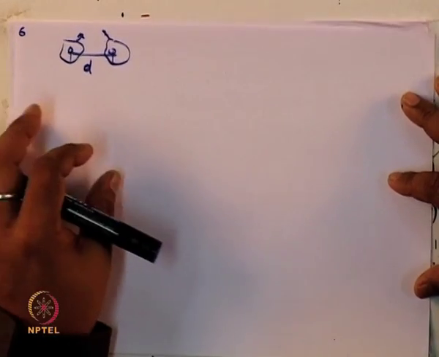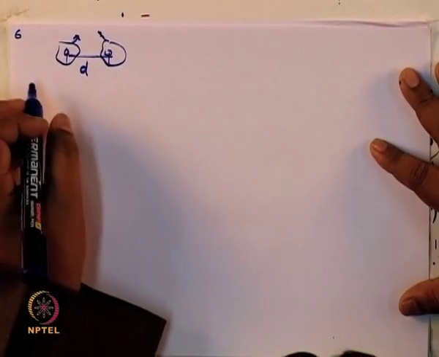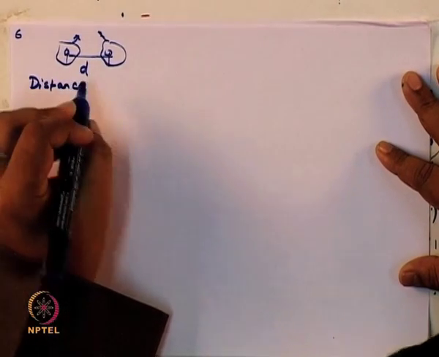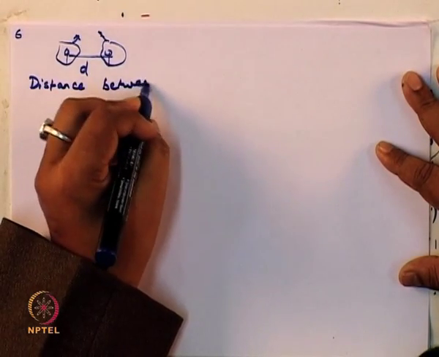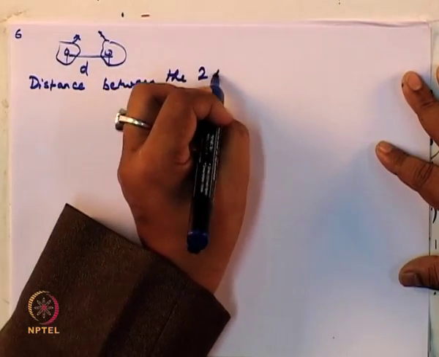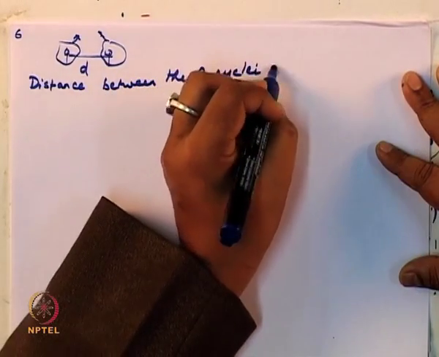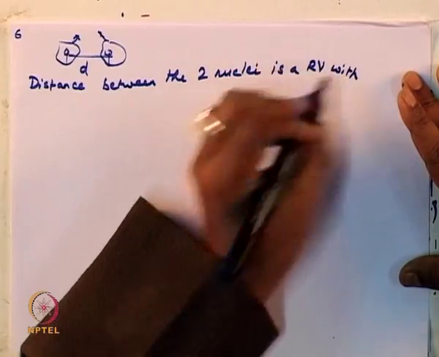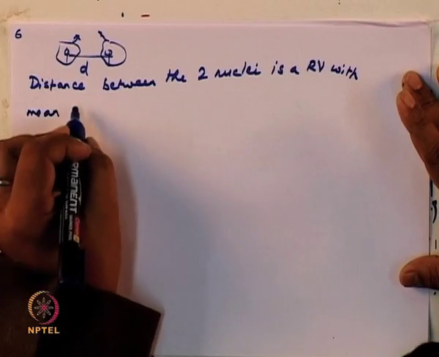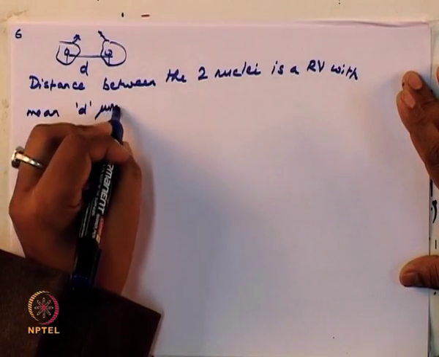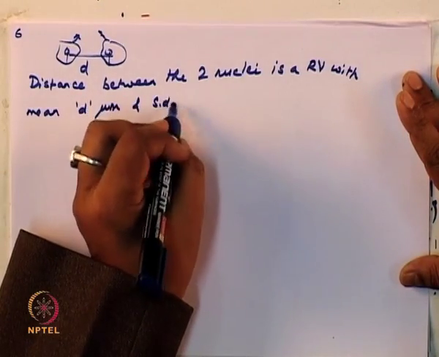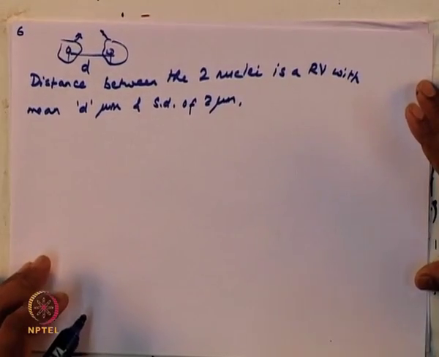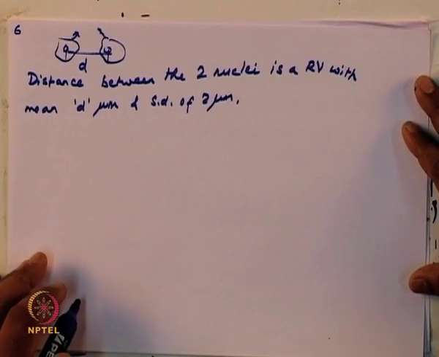This is D. What you find is that the distance between the two nuclei is a random variable with mean of d microns and standard deviation of 2 microns.